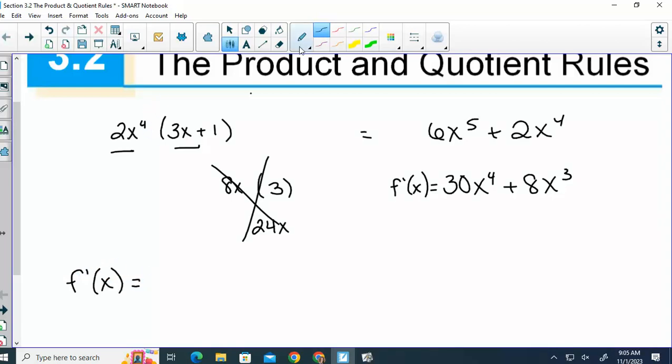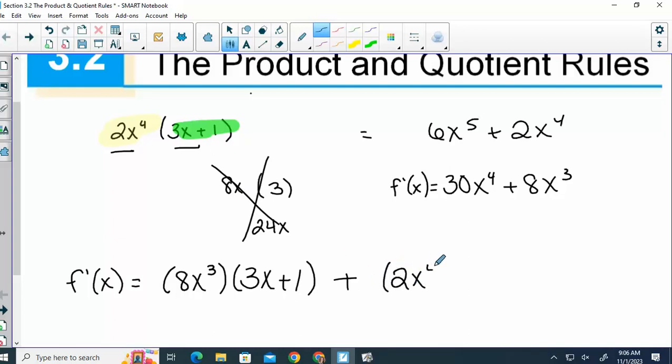it says one derivative at a time. So we see this is the first thing, this is the second thing. Those are things being multiplied together. So product rule says derivative of the first thing. So the derivative of 2x to the fourth is 8x cubed times the second one plus, now we leave the first one alone and do the derivative of the second one.